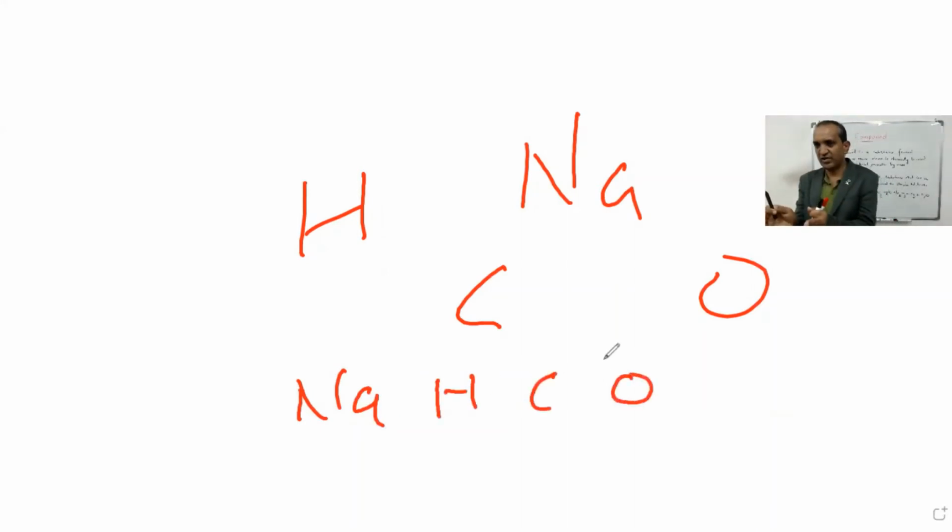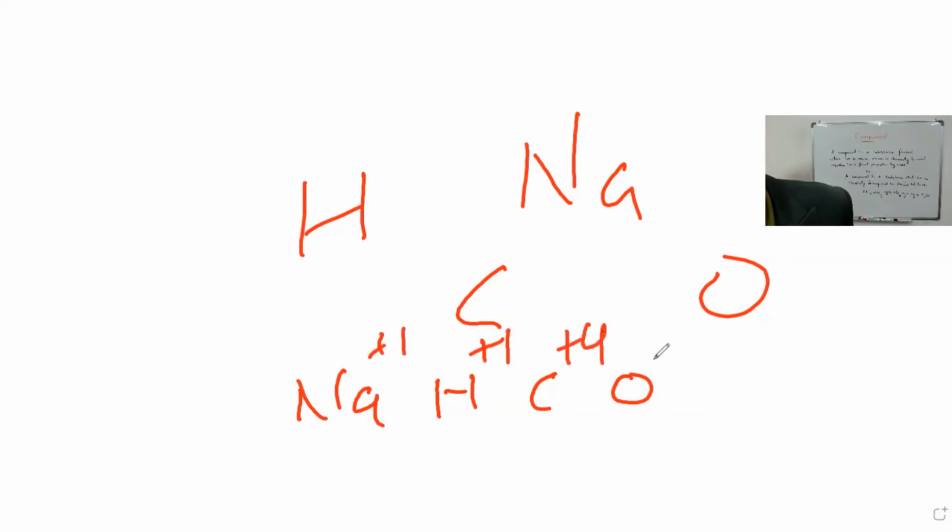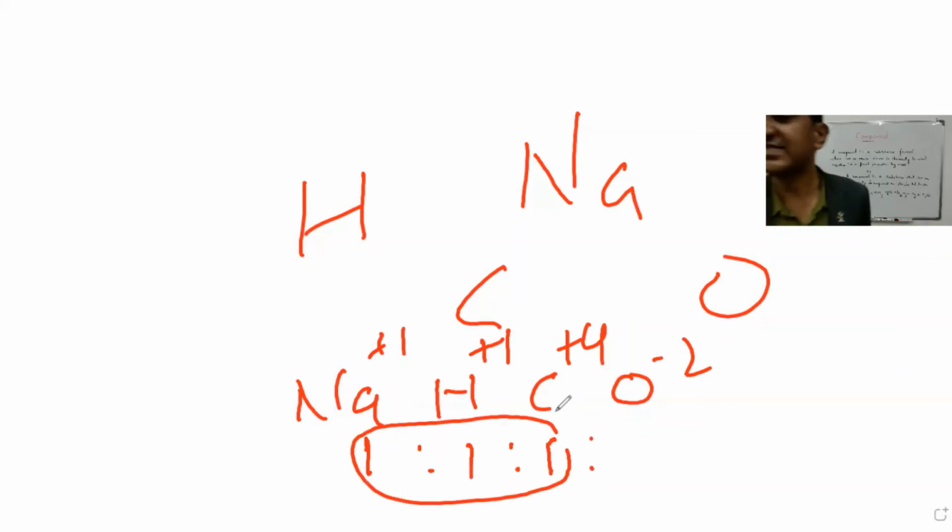If you look at this order, sodium is the most reactive and electropositive, +1, and hydrogen is +1, carbon is +4, and oxygen is -2. What does it mean? Sodium, hydrogen, carbon, they lose electrons 1, 1, and 4 respectively, while oxygen gains 2 electrons to become electronically stable. Now, if you look at this electron transfer, 1 sodium, 1 hydrogen, and 1 carbon all together will lose 6 electrons.